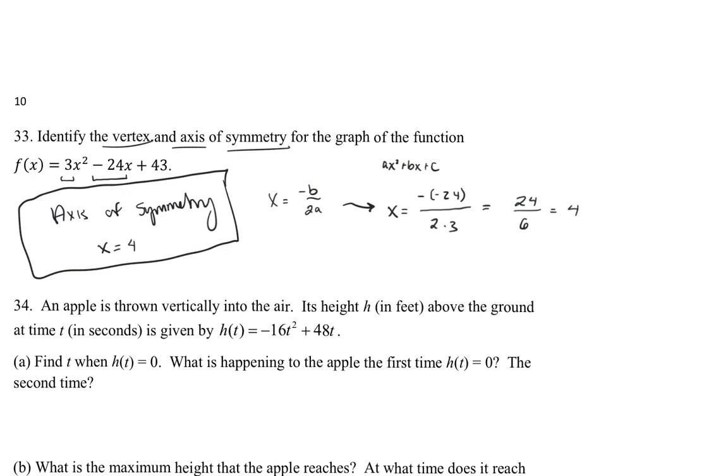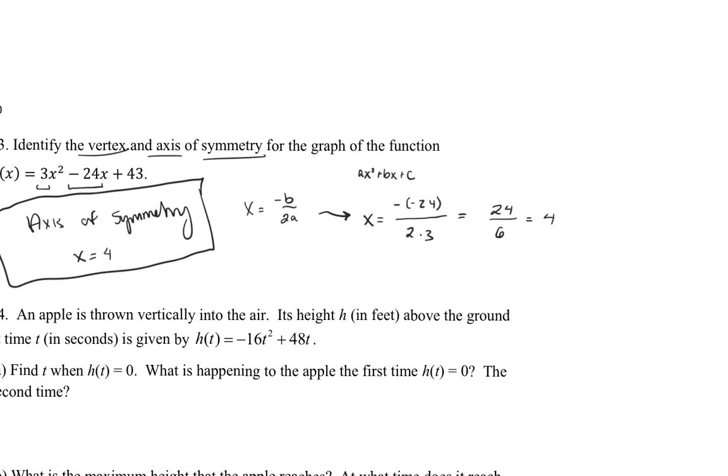So our vertex will be what is f of x at the axis of symmetry, so that'll be what is f of 4.